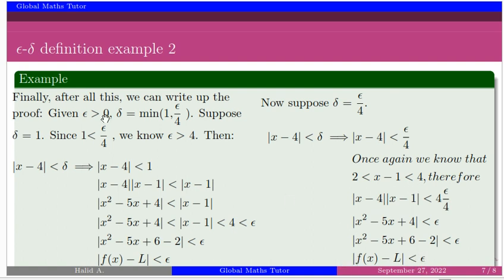So we can come up with the final expression. Whether delta has a minimum value of 1 or a minimum value of epsilon over 4, whenever |x minus 4| less than delta happens, we can be assured that |f of x minus L| is less than epsilon. So we can rewrite this. It means we have completed our proof.